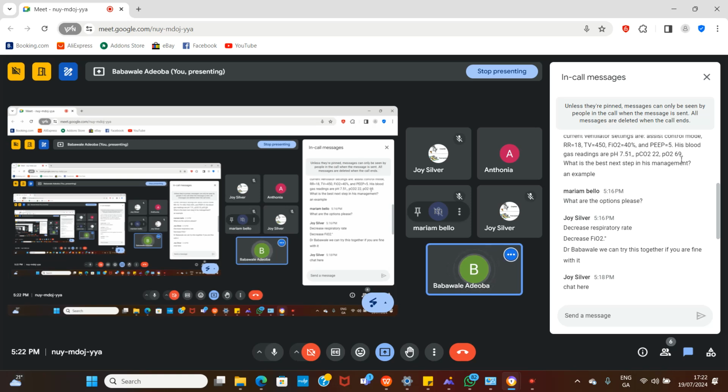He's having hypoxia, though it's not really respiratory failure yet because it's not less than 60, but there's still hypoxia, and the PCO2 too is low. So you can do an intervention to increase the PCO2 and also to increase your oxygen.